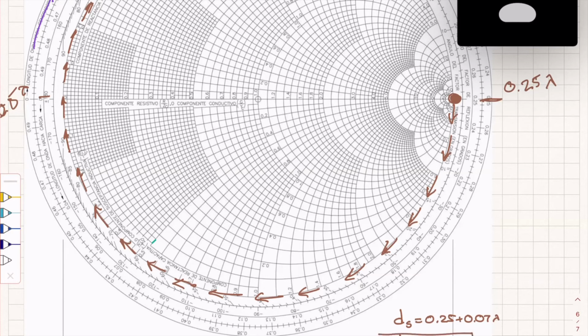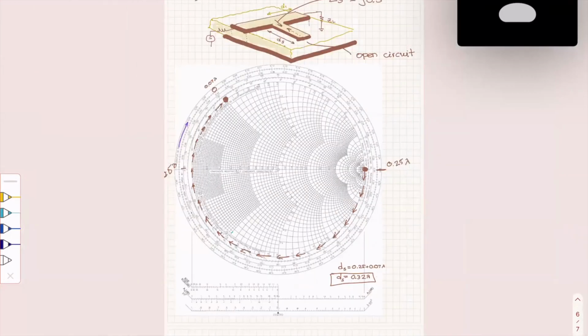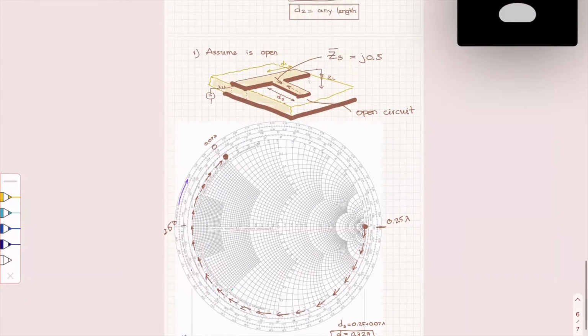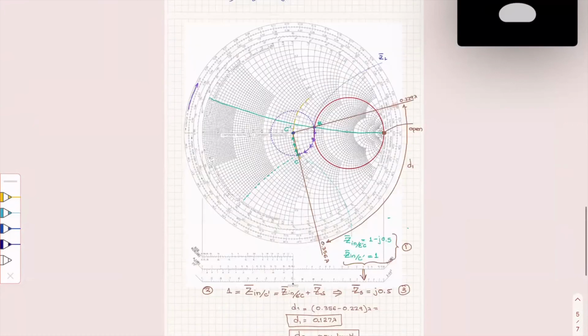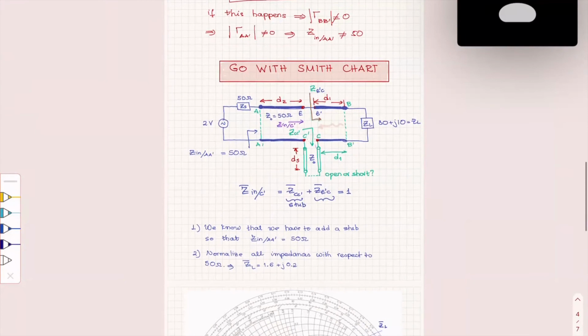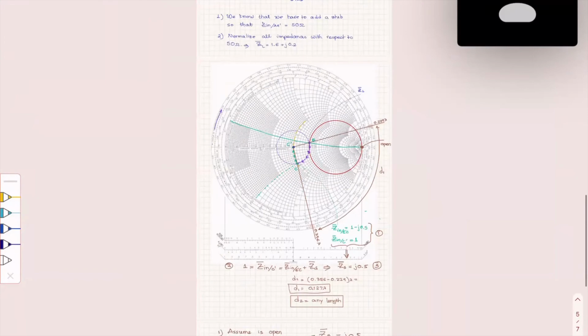So that tells me that if I use a series stub and open circuit it, which is this long, then I can have a match as I did before, come to the center of the Smith chart, and then from there, any other length D2 is going to give me 50 ohms. That's how you solve this problem, all right?